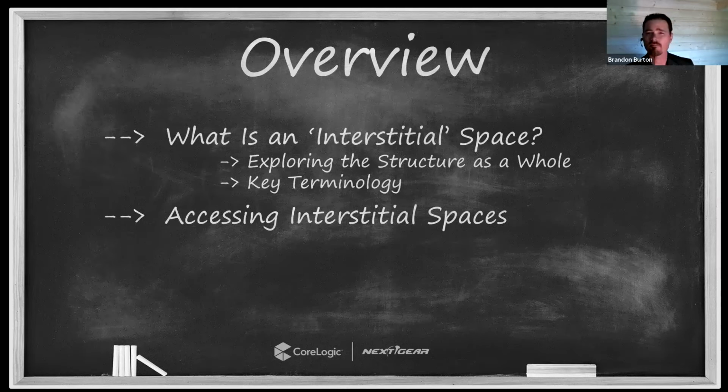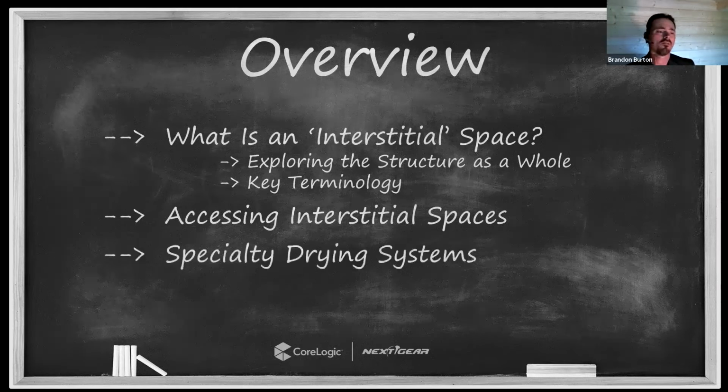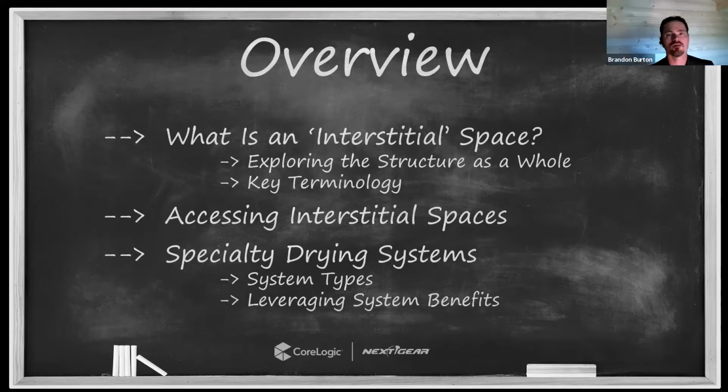I want to touch on that topic too. And then the systems that we use. Once we have access into an interstitial space, what do we use to dry that space if it is indeed wet? And in drying that, not only understanding the different system types, but how do we monitor those systems and leverage their benefits and make sure that we're really getting out of these specialty systems what we intend to get out of them? That gives you a feel for the scope today.